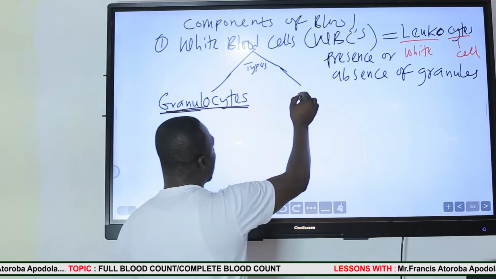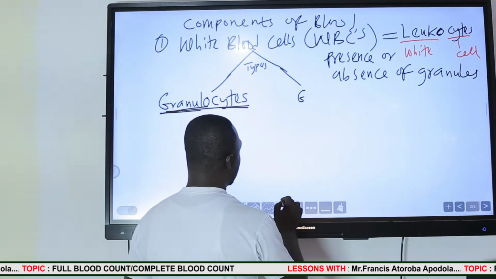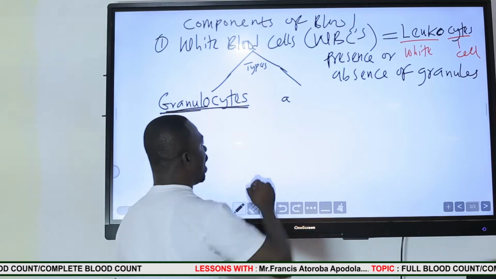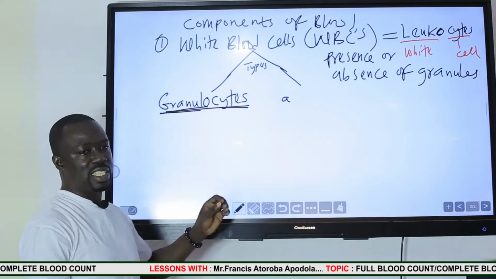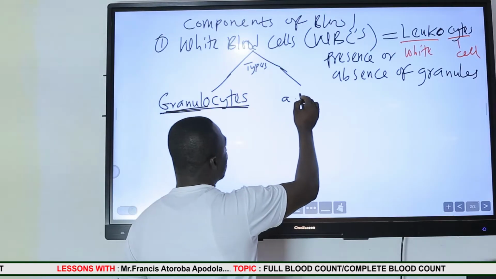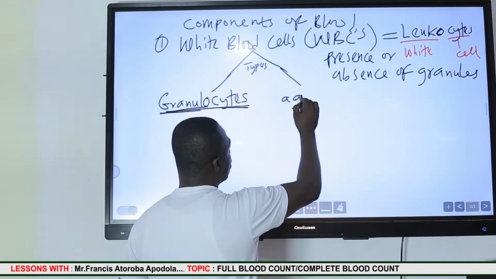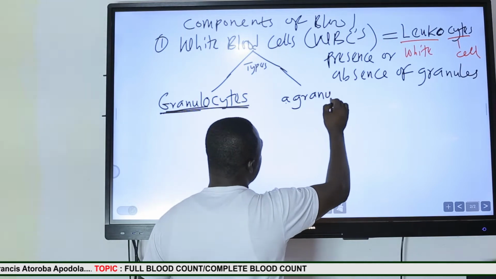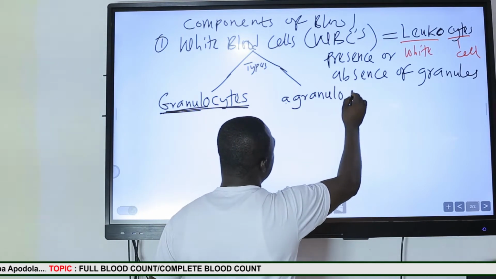Whilst those without granules, in medicine, A is the prefix that means without or absence. So without granules means absence of granules. Those cells without granules are called agranulocytes.